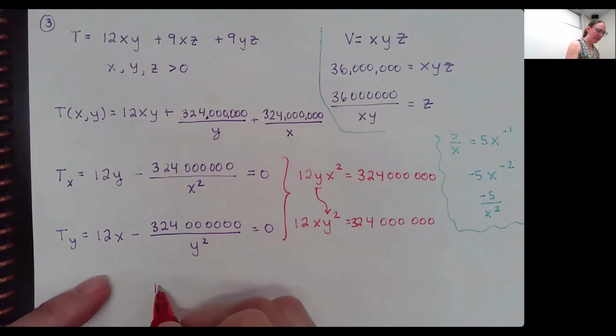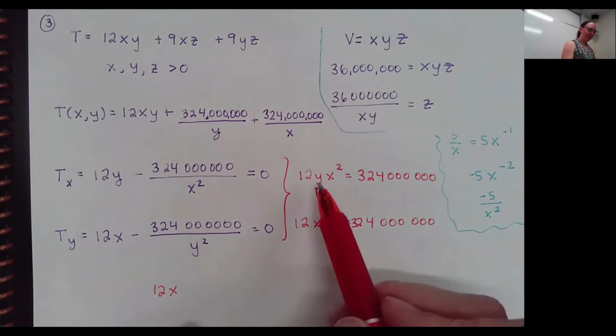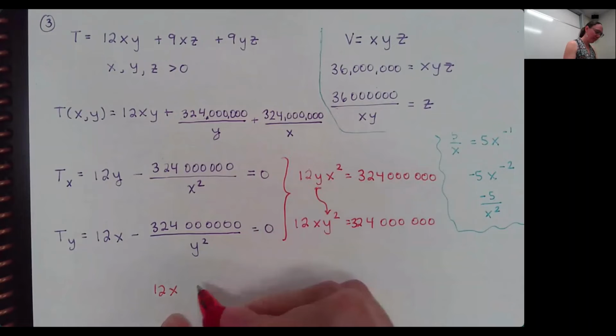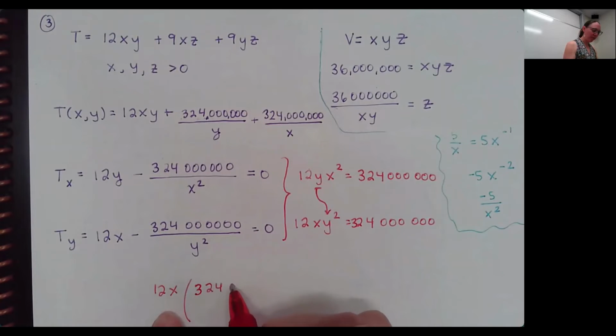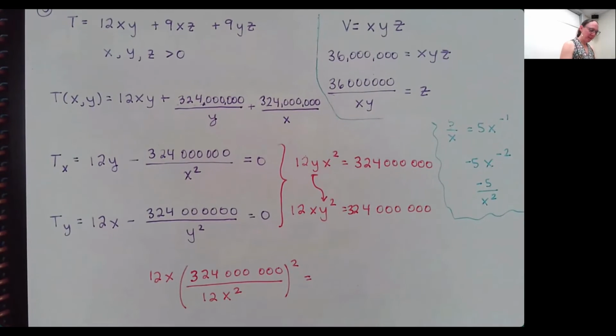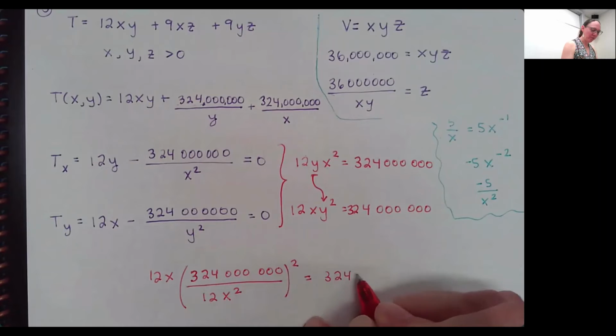So I'm gonna have 12 times x. And then y from the top equation would be 324 million divided by x squared, whole thing squared. 12x squared, whole thing squared is equal to 324 million.